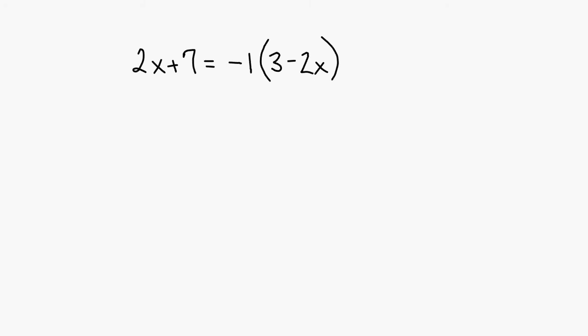And again, the first step in this problem would be to do the distributive property. So the 2x plus 7 gets rewritten, and you're going to distribute this negative 1. Negative 1 times 3 is negative 3, and negative 1 times negative 2x is positive 2x.